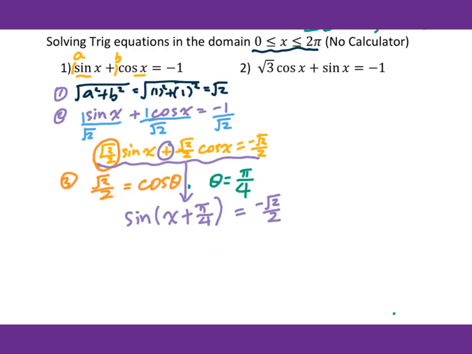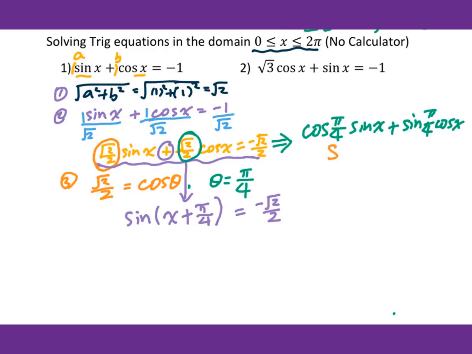The reason is that for square root of 2 over 2, I can do cosine pi over 4 sin x, plus for this square root of 2 over 2, I can do sin pi over 4 cosine x.